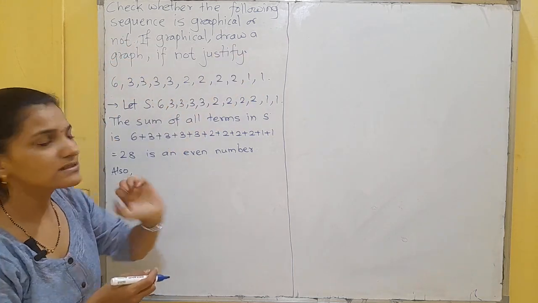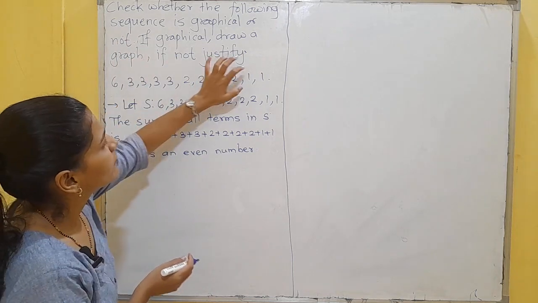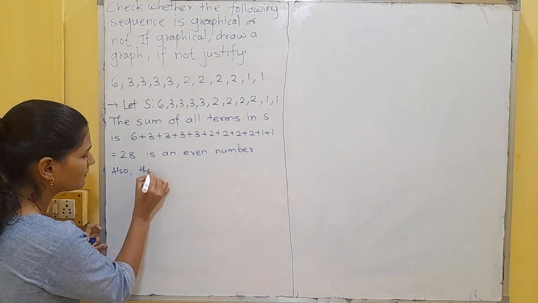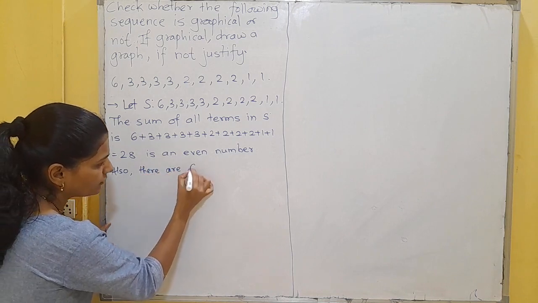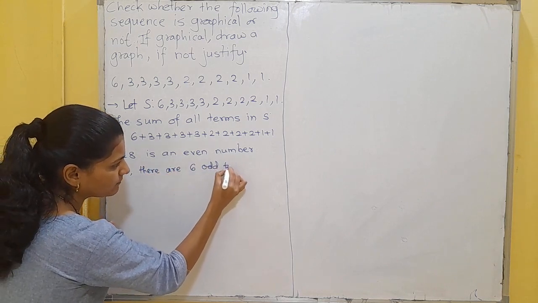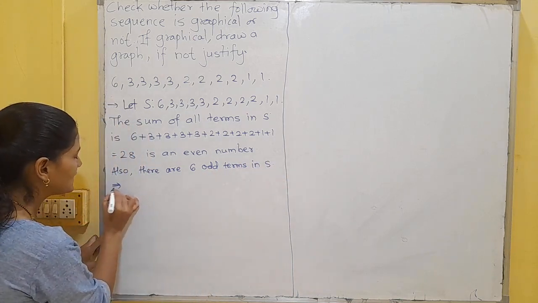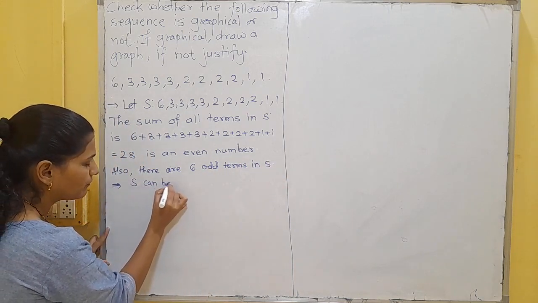So 1 2 3 4 5 6, there are 6 odd terms in S. So that implies S can be graphical.